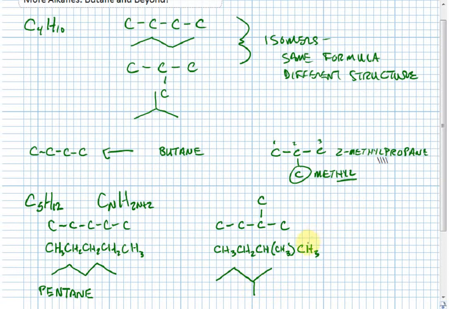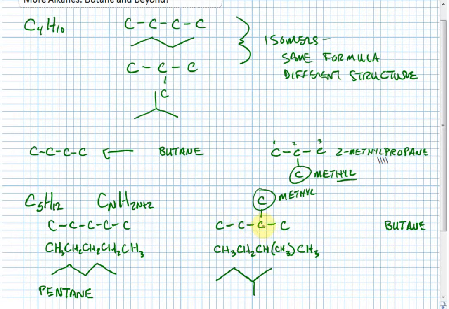This compound is named, well, let's take a look. The longest chain is 4, so it's going to be butane. Again, the longest chain is the root. Now, be a little careful here. We've got a 1 carbon branch called a methyl group attached to the chain, and it's attached at what position? Well, if we count from left to right, 1, 2, 3, 4, it looks like it's attached at position 3.